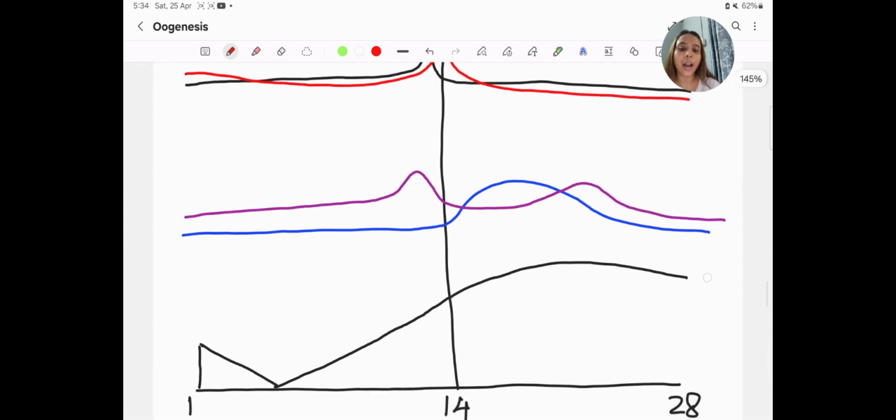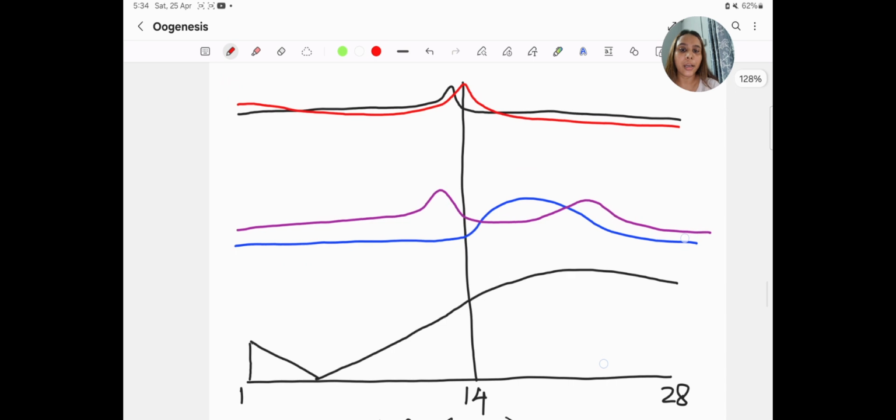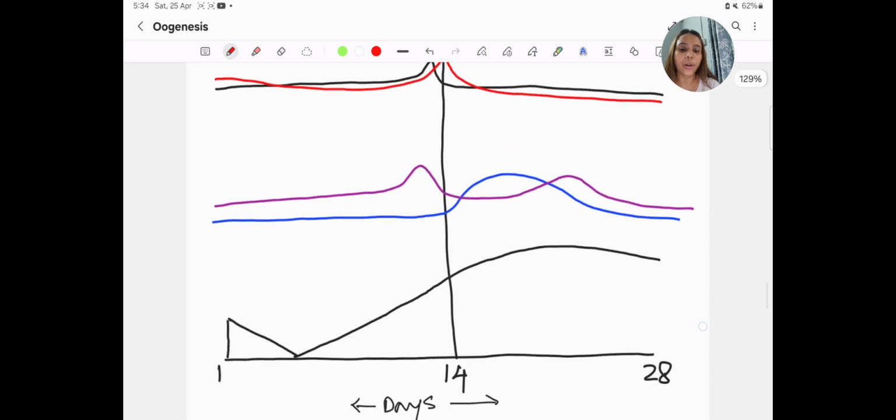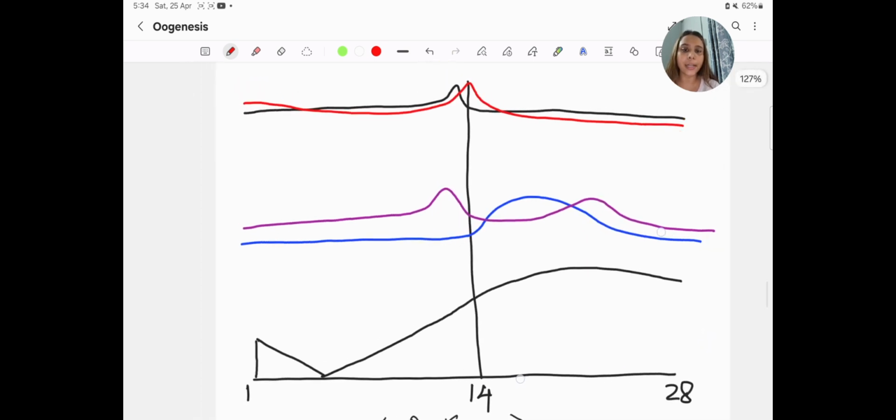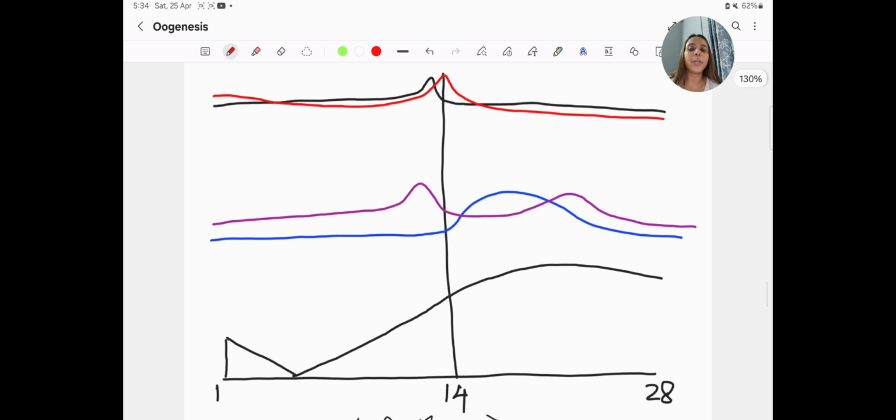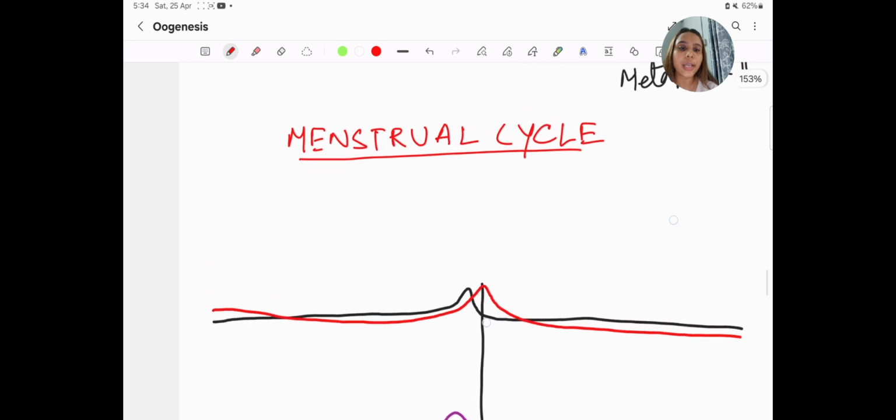This graph you may have seen in some books or PPTs, but it's not a complicated diagram. That's why I am making it, to show you that you can also make it by yourself. Okay, so let's start the menstrual cycle.